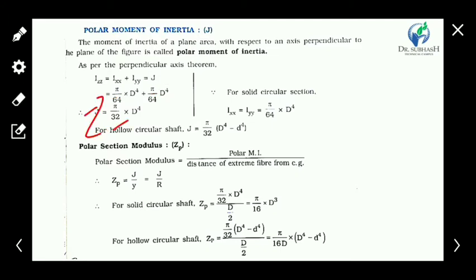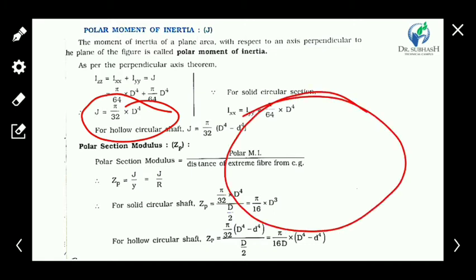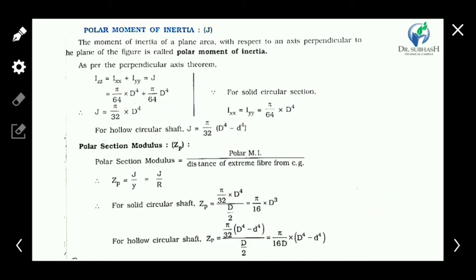So 64 divided by 2 is 32, and pi by 32 into d raised to 4 is the polar moment of inertia for a circular section or shaft. For a hollow shaft, the polar moment of inertia is pi by 32 into capital D raised to 4 minus small d raised to 4. Capital D is the outermost diameter of the shaft and small d is the innermost diameter.